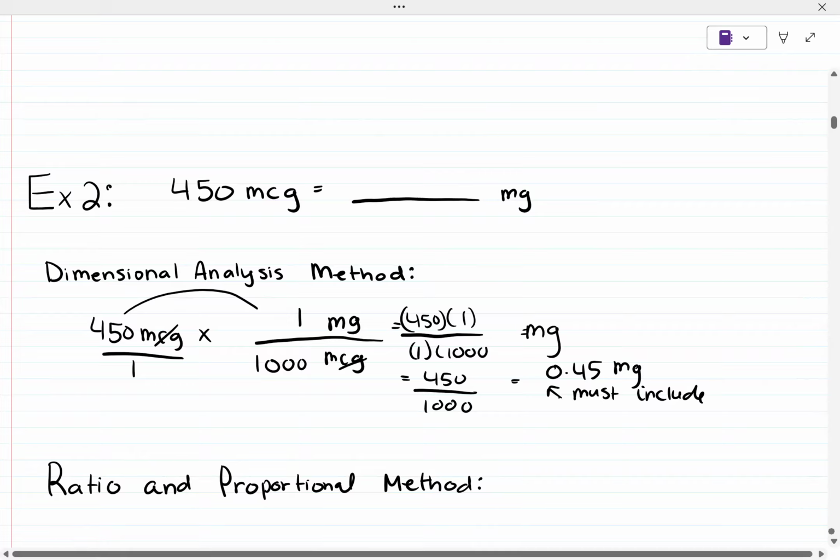So the zero in front of the point 4 is a leading zero. So you must include the leading zero. My mistake, not trailing zeros. Okay, so here's your answer, 0.45 mg.